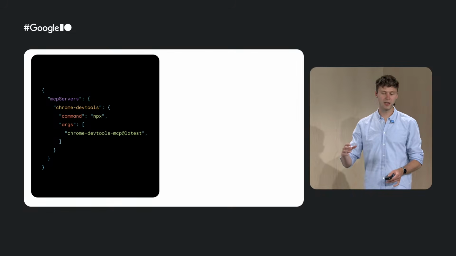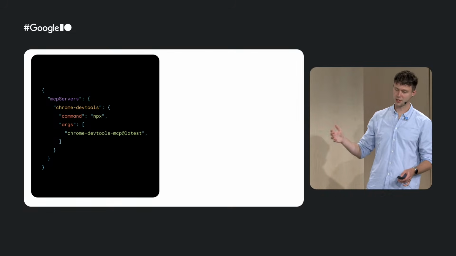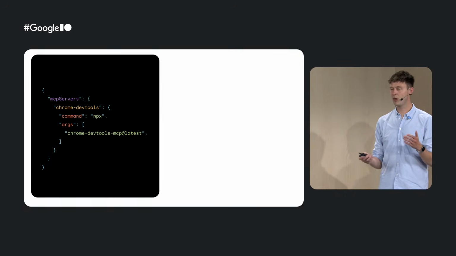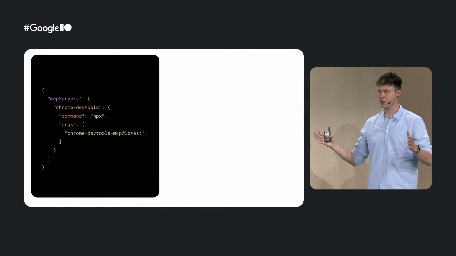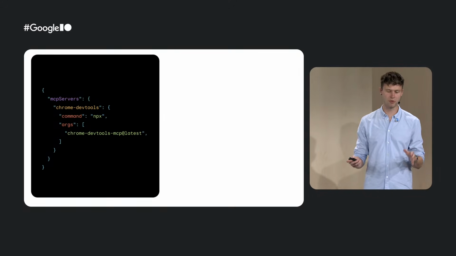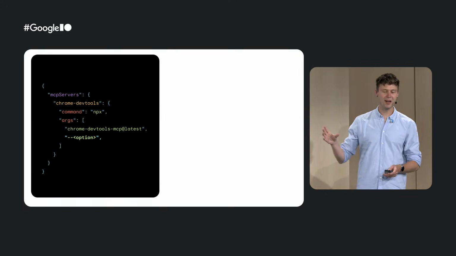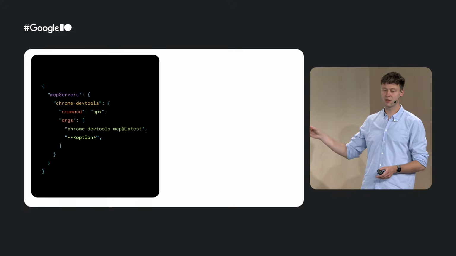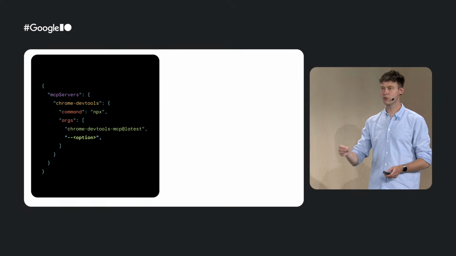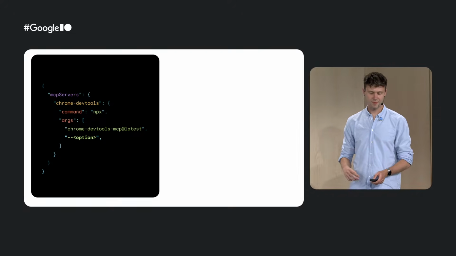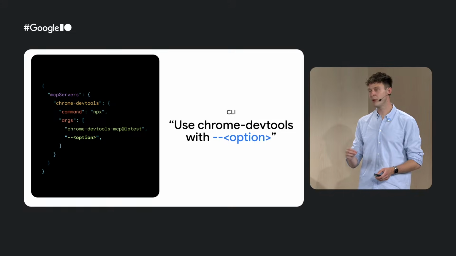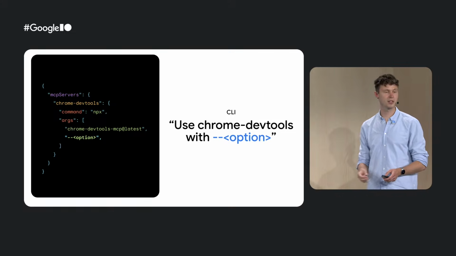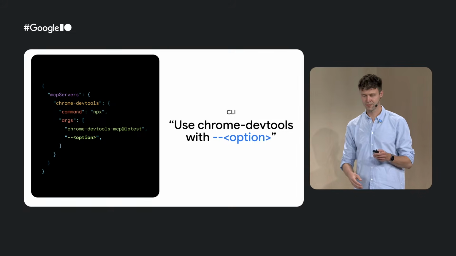For Gemini CLI, this is usually a .gemini/static.json. For Claude, this might be in your project root at .mcp.json. For other agents, it is in similar locations you already know. In this file, just add a new entry to the args array with the option you want to configure. If you're using DevTools for Agents through the CLI, make sure to explicitly include your desired option in the prompt.